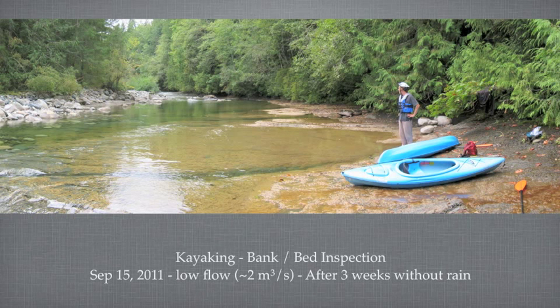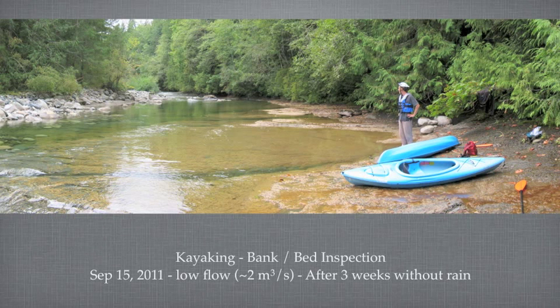A lot of information about the aquifers was gained and confirmed when we kayaked down the river on September 15th of 2011. This day was selected because it was when the river was flowing at a low flow of about 2 cubic meters per second, and after 3 weeks without rain.